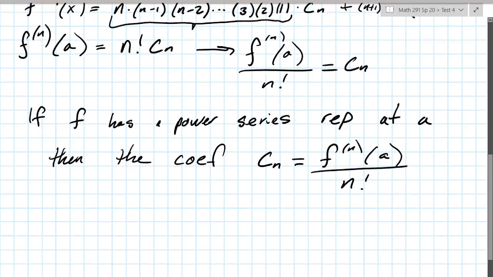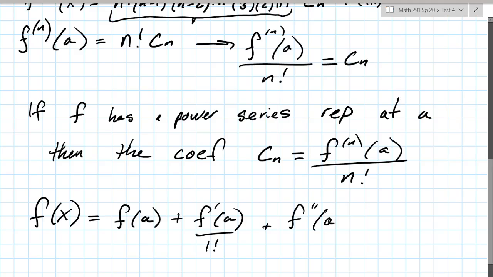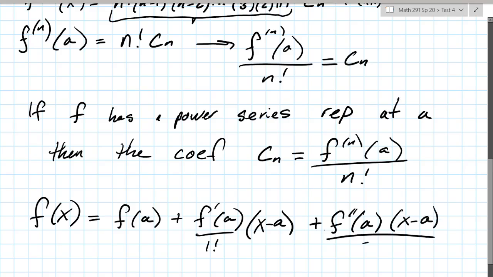So we can write f of x is equal to f of a plus f prime of a times x minus a divided by 1 factorial plus f double prime of a x minus a squared over 2 factorial, and so on.